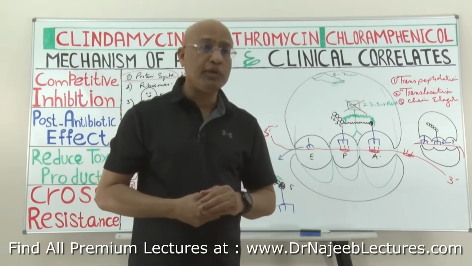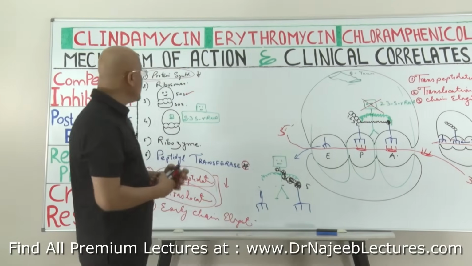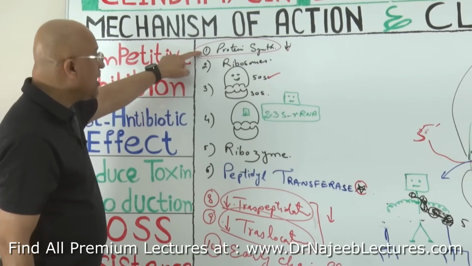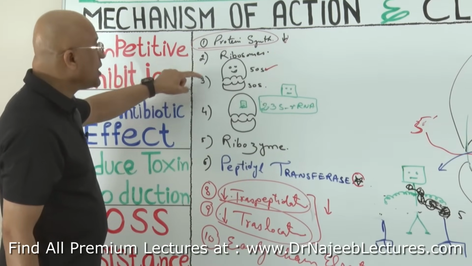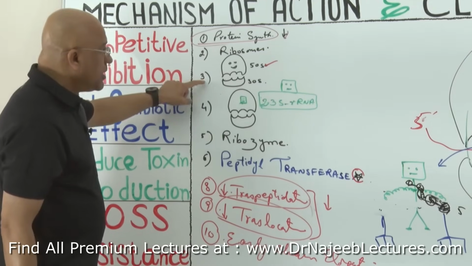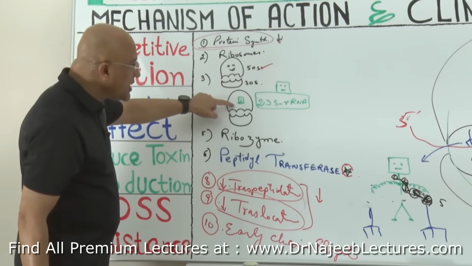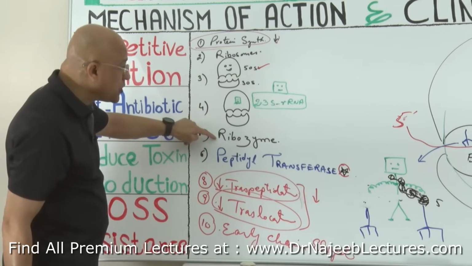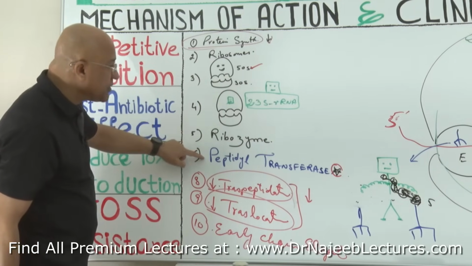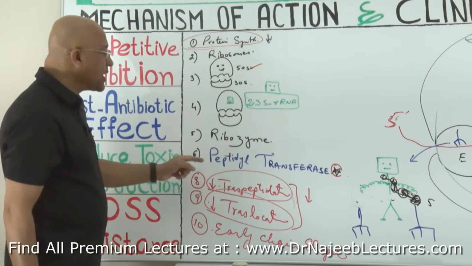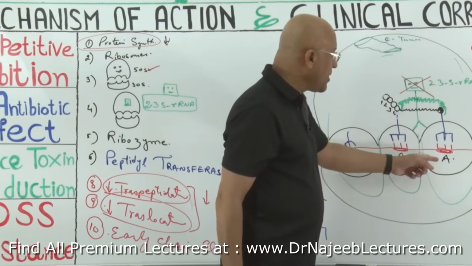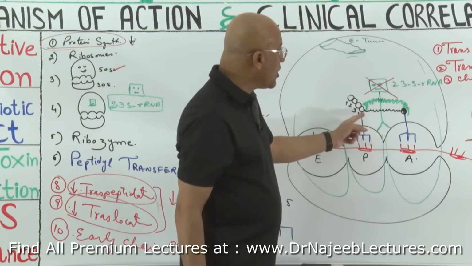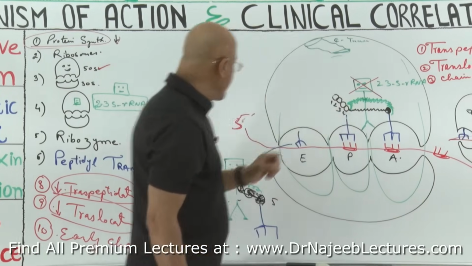After that I am coming to differences. What are the 10 common points? All of them reduce protein synthesis by susceptible bacteria, by acting on the ribosome, especially on the 50S larger subunit. To be very specific, on 23S ribosomal RNA, which is also called ribozyme due to its catalytic activity, and the catalytic activity is peptidyl transferase, which makes a bond between the amino acid on the acyl transfer RNA and the other amino acid on the nascent peptide chain.